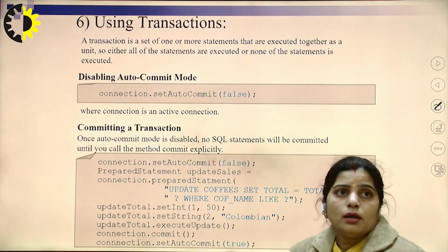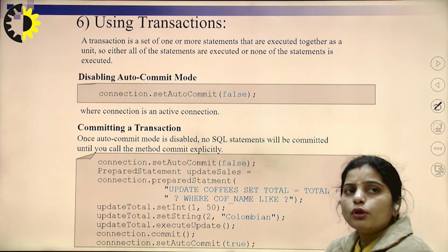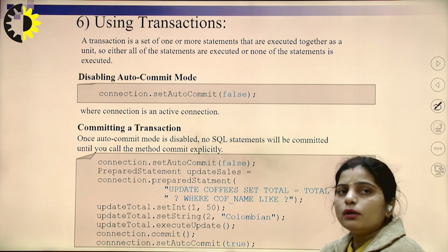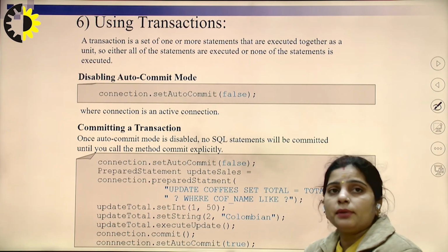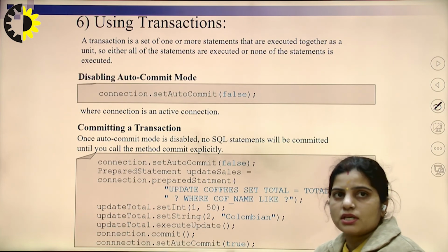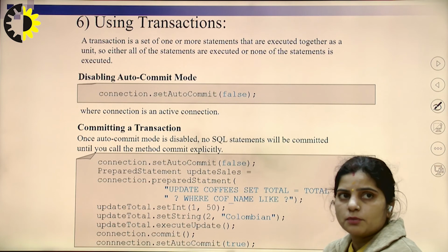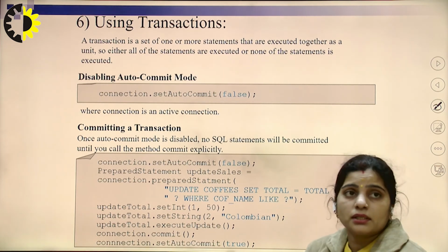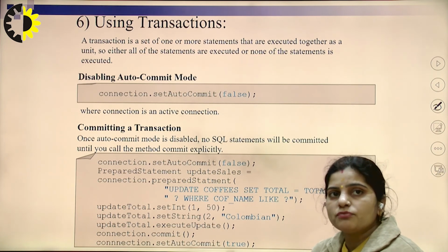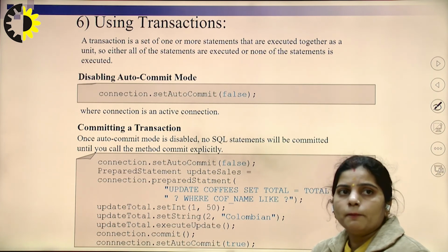Okay, now using transactions. Basically, what do we mean by transactions? A transaction is a set of one or more statements which are executed together as a unit. So either all of these statements are executed or none of them is, but they come under the transaction.